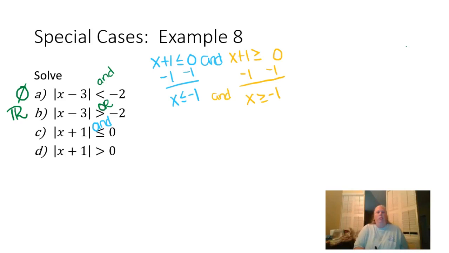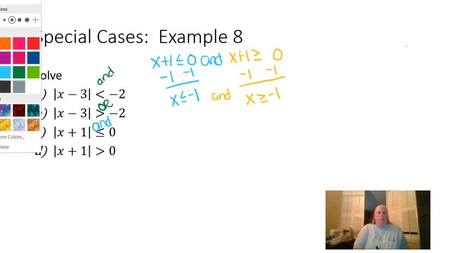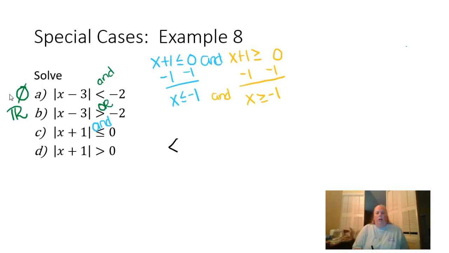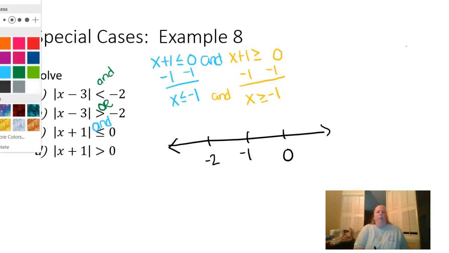Let's take a look at the picture. On the number line, we can put -1 right here. -2 is smaller. 0 would be larger. All right, for our blue graph, x is less than or equal to -1.